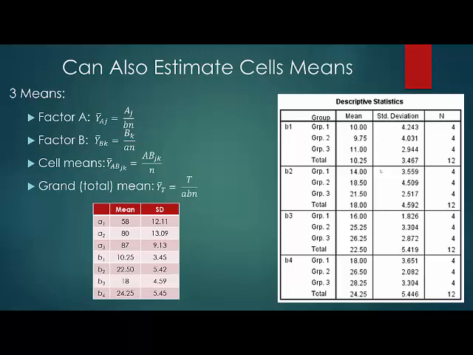And then within the descriptive statistics table we have there, these would be the within cell means for each of the factor A levels, group 1, 2, and 3, so administrators, teachers, and coaches within each of the 4 types of professional development trainings here. So these would be the within cell means.